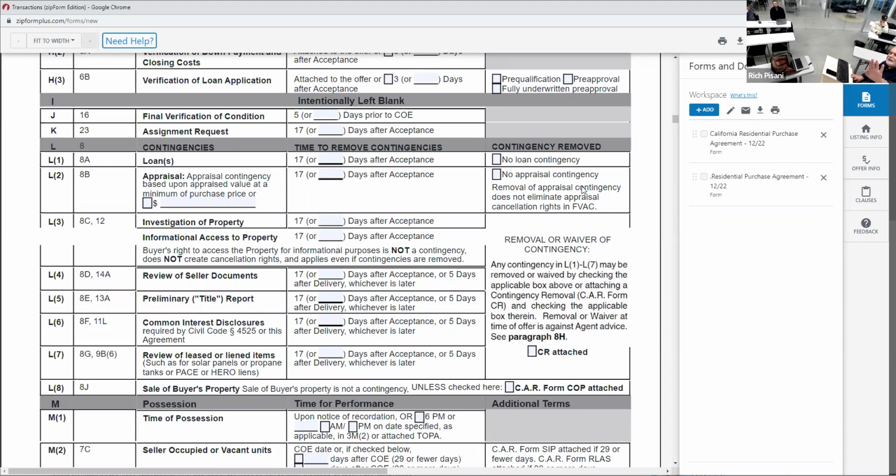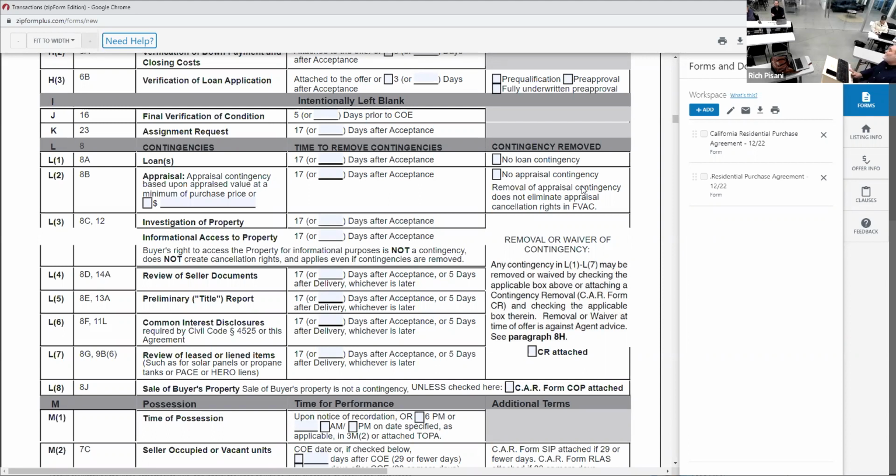So if the purchase price is $450,000, but the buyer has some cash, because if it doesn't appraise, the lender will only loan on the appraised value. Say it appraises for 430. They're only going to lend up to 430.